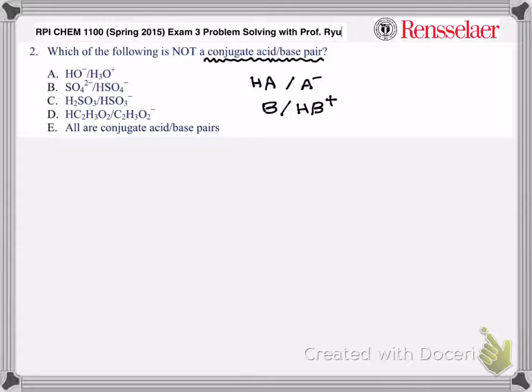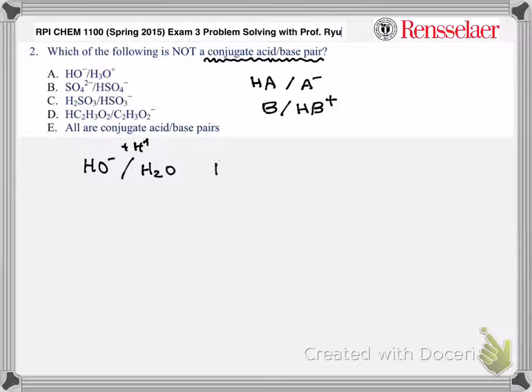So let's look at here. The first example is HO minus. If it receives an H plus, so you add an H plus here, I guess it will be H2O. So this is not H2O. So that's not the case.